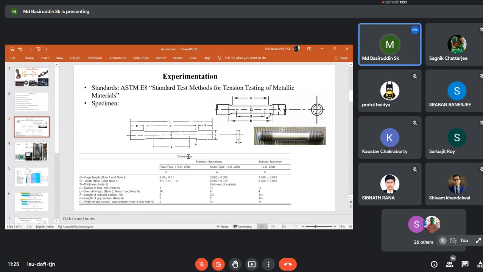That means you are intentionally localizing the deformation region, right? We generally restrict the deformation region throughout the gauge portion, right?